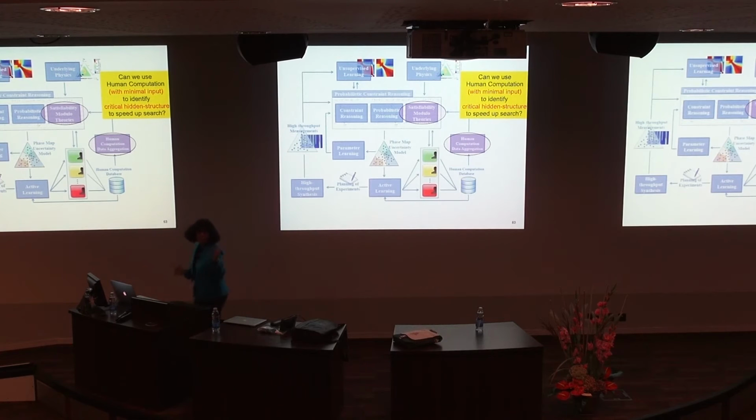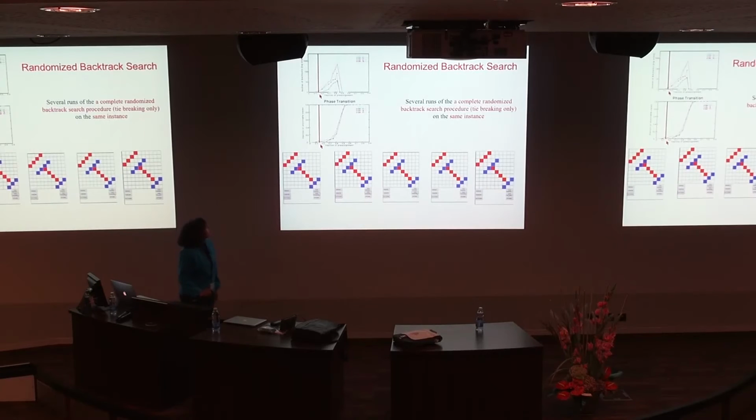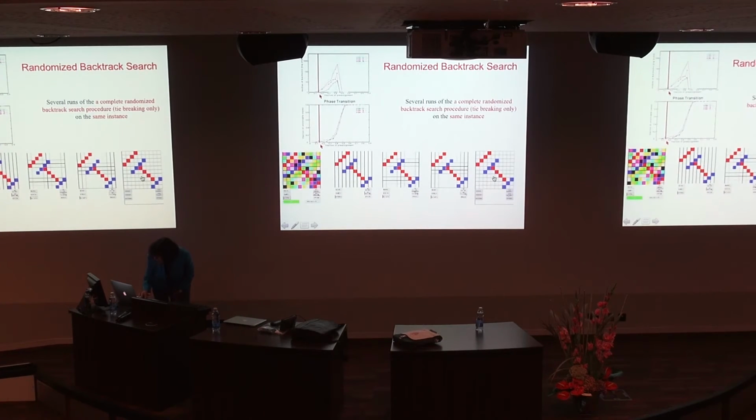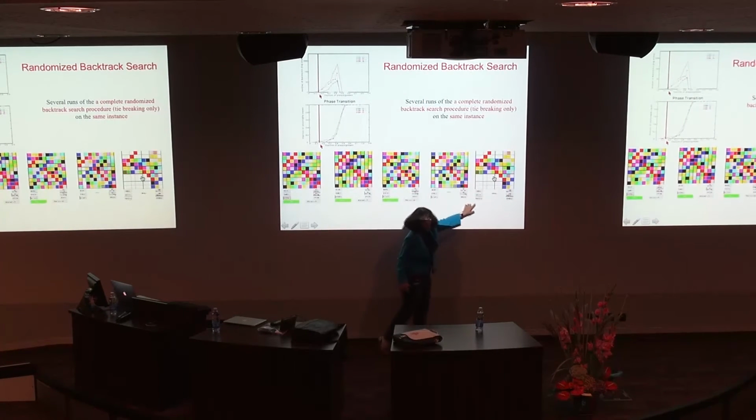And, that is, I see Stefan there, that will take me to another area where we worked, and this was the notion of backdoors. And again, I'm going to go back to our good old little Latin square problem, where here you have an instance that's actually a very easy instance, and yet if you solve it with a randomized solver, you will see that the same instance, these were solved very quickly, these are still running.